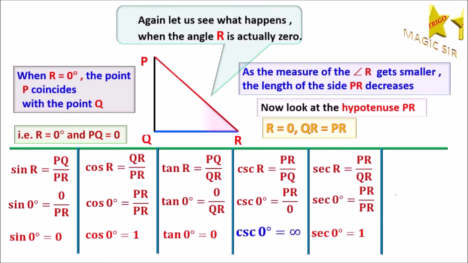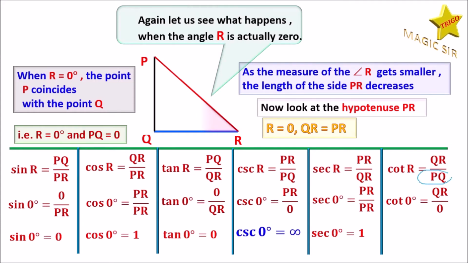Now by definition, cot R is equal to QR upon PQ. Now we put R equal to 0 degrees, and if necessary we can put QR equal to PR. But we have PQ equal to 0.